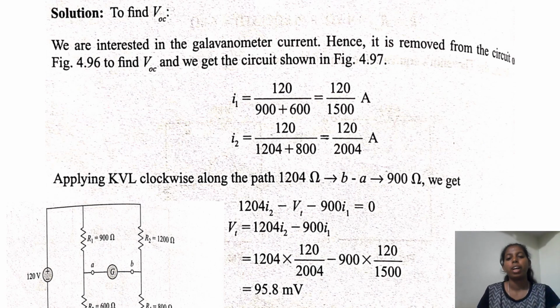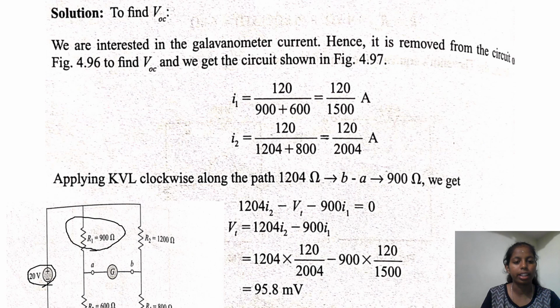We know the formula I is equal to V by R. So to find I1, V is equal to 120 here in the circuit, and 900 plus 600, because R1 and R3 are connected in series. So we add them and get 120 divided by 1500 ampere.